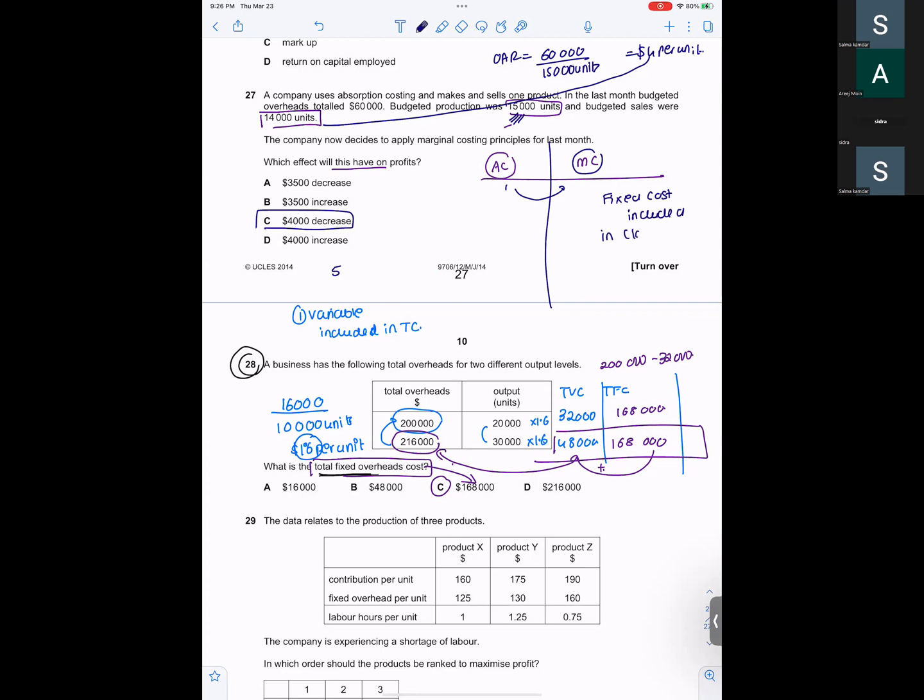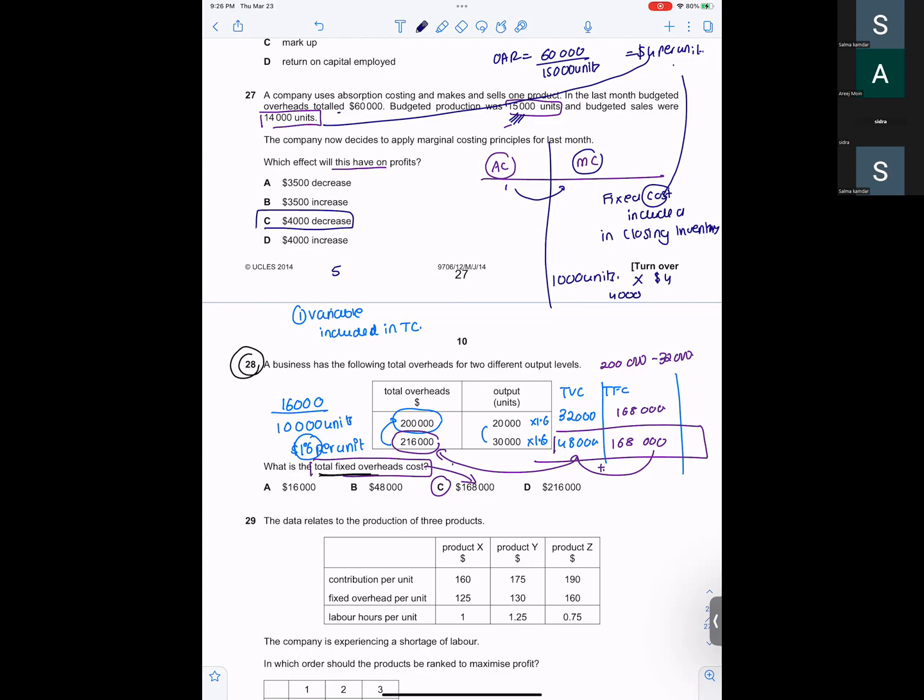What is the closing inventory? 1,000 units. And what is the OAR per unit? The fixed cost is $4 per unit, so 4,000.